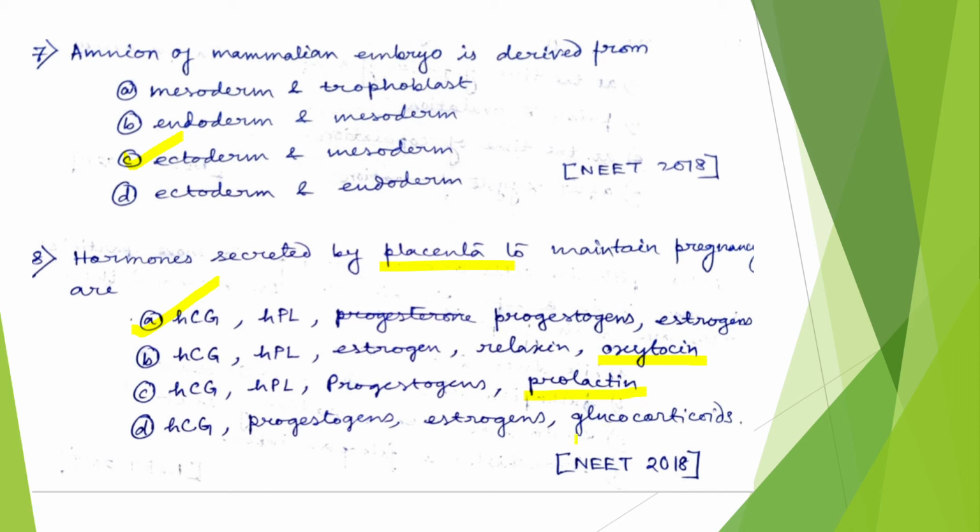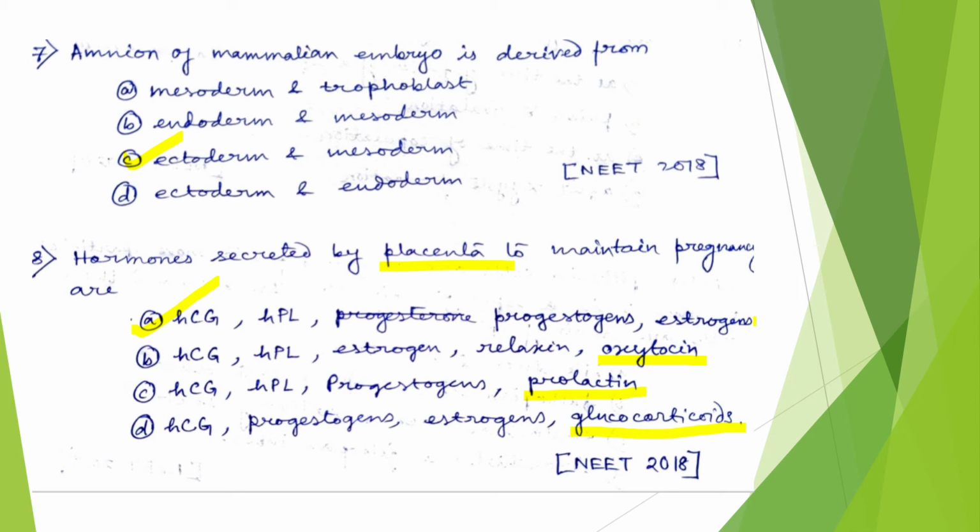Then glucocorticoids are formed by the adrenal cortex, so they also could not be the correct answer. So the correct answer is option A, HCG, HPL, progestogens and estrogens. By the exclusion method, even if you don't know the answer, you can answer this kind of question.